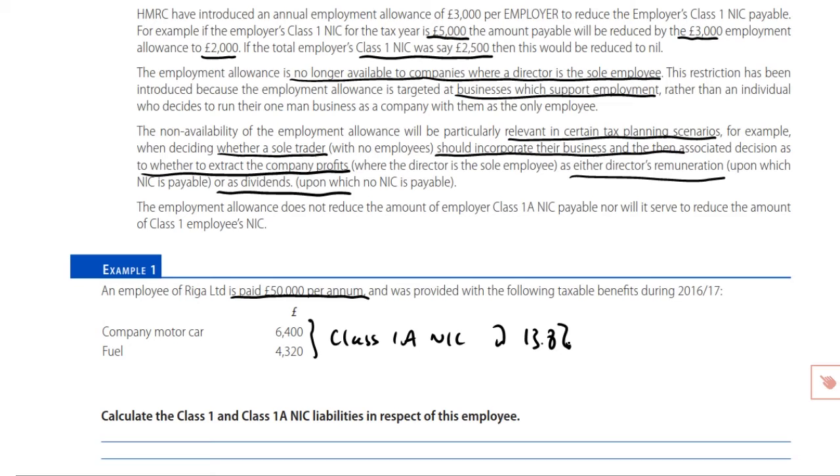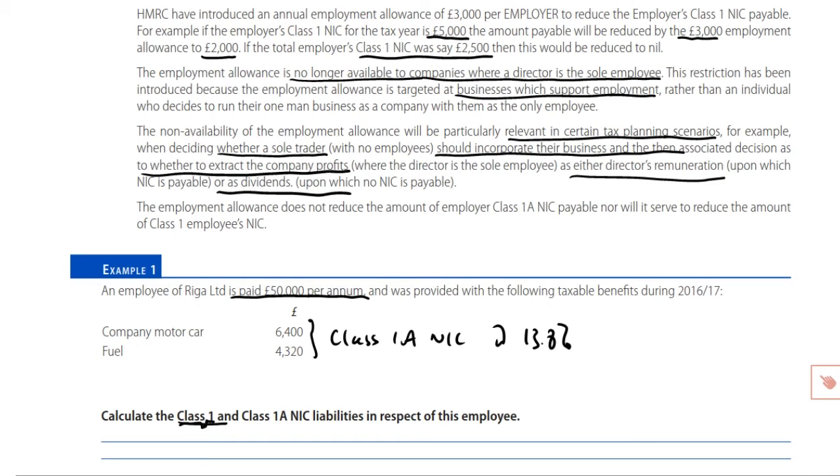So that should be a fairly straightforward exercise to get the Class 1A NIC. Remember, that is payable by the employer. So far as Class 1 is concerned, then there is both the primary contribution paid by the employee and the one paid by the employer, sometimes referred to as the secondary contributions there.